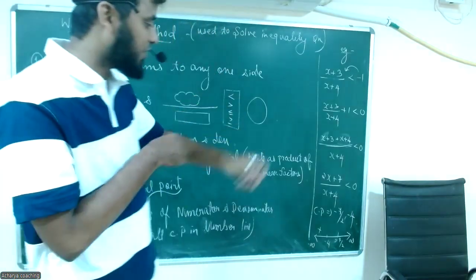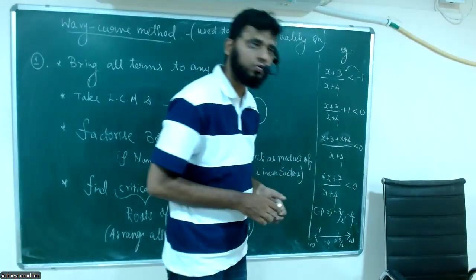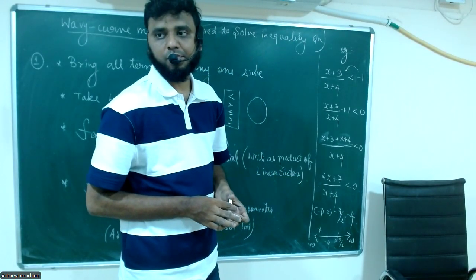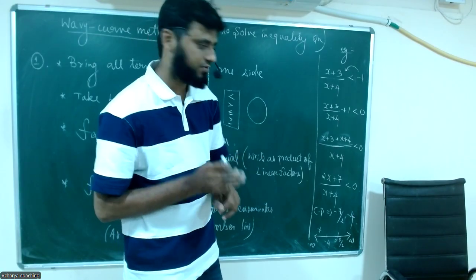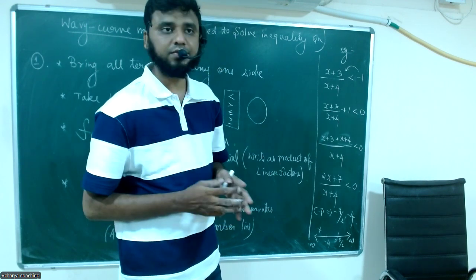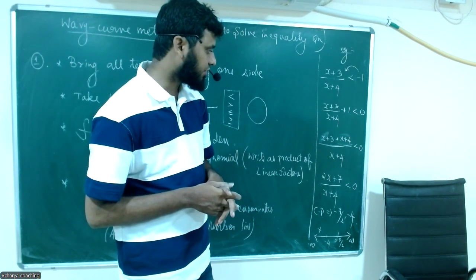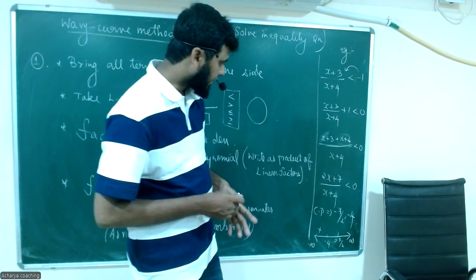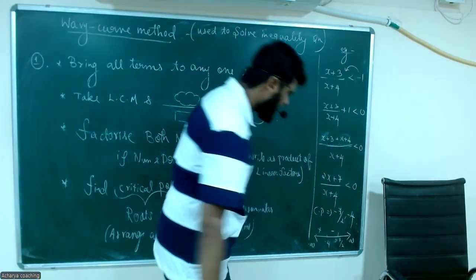Take -3.6. Substitute -3.6. So -3.6 plus 4, positive or negative? Positive, right? 2 into -3.6 plus 7, it will be negative. Okay. Negative by positive? Negative. Clear?